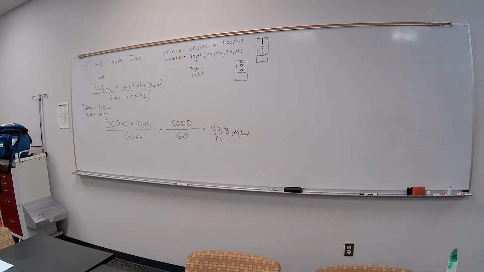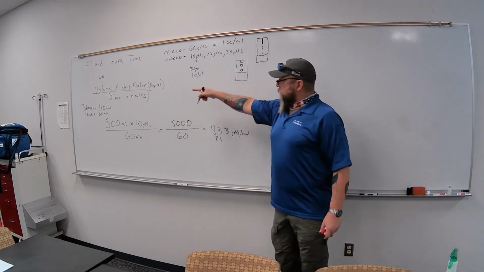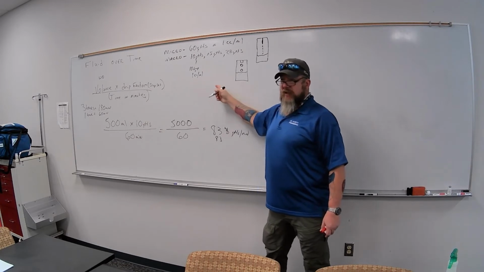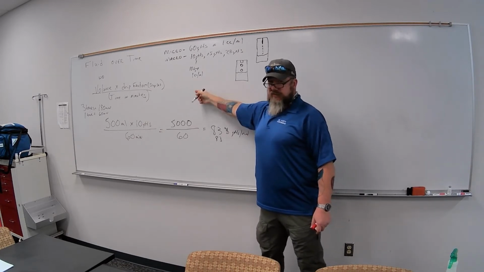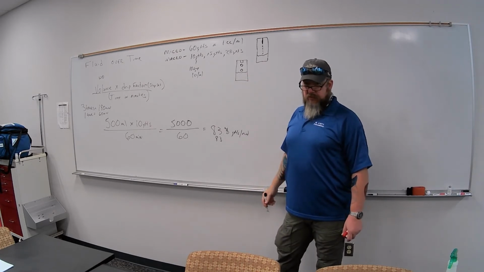But you may see it on a math question thing. Okay? It may say, you want to give 500 cc's in a 10 drop set and a 60 drop set in 60 minutes. What's the drip rate? Okay?